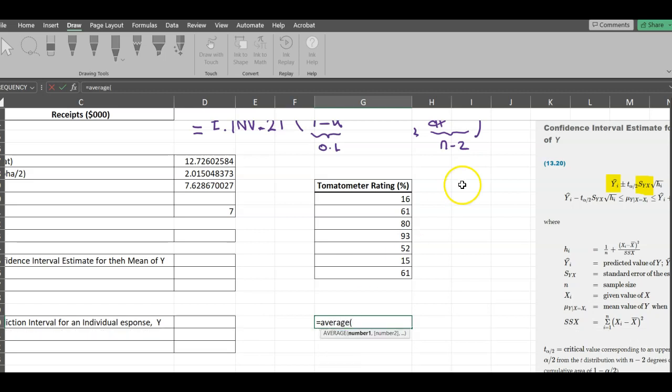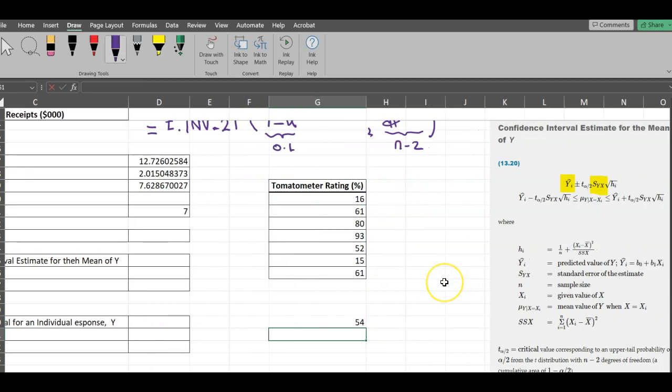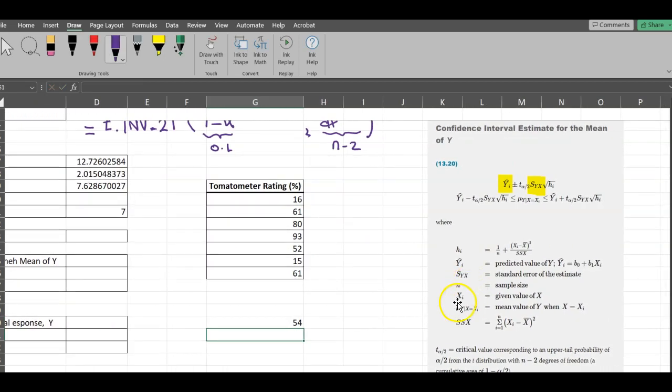Open the parentheses, and you're going to calculate the average of these values. So now I am calculating the SSX, which is this value. The formula is there, by the way. So I'm just going to follow the formula, which is this one. It's the sum of xi minus x bar. Whatever I calculate here, 54 is the x bar. I'm going to square them and add them up.